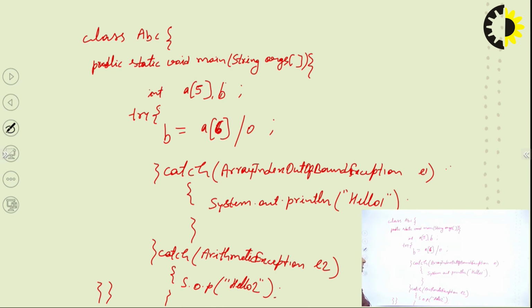This way you can handle more than one exceptional situation in your piece of code. Since there are two exceptional situations arising, with a single try I have put it in try and catch, and with this try I have applied more than one catch and handled all those exceptional situations. This way we can use a try catch block to handle exceptions in your code.